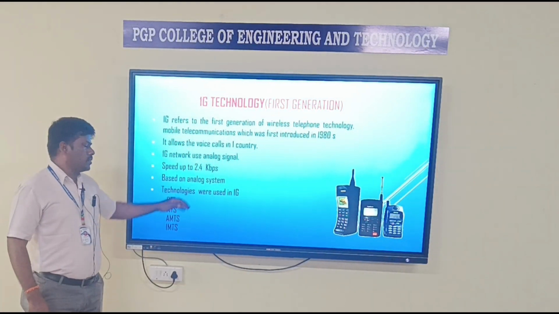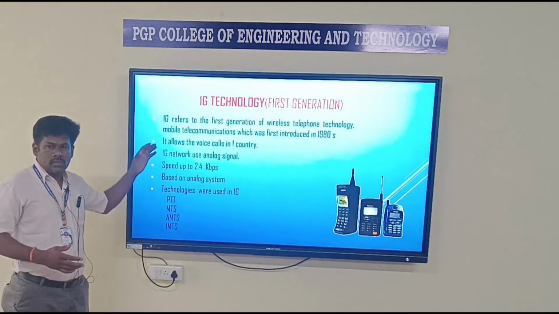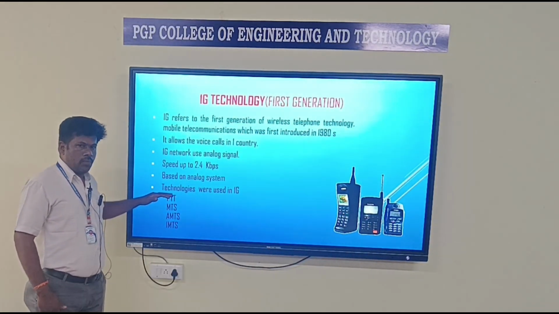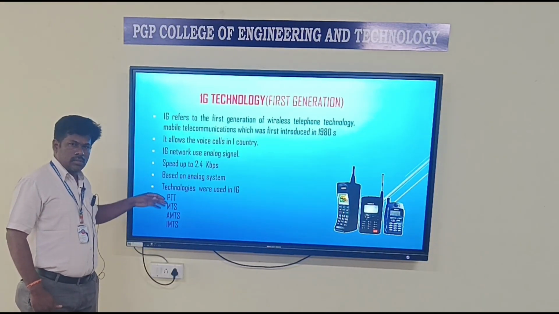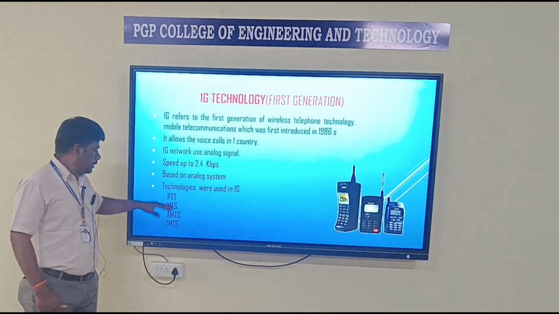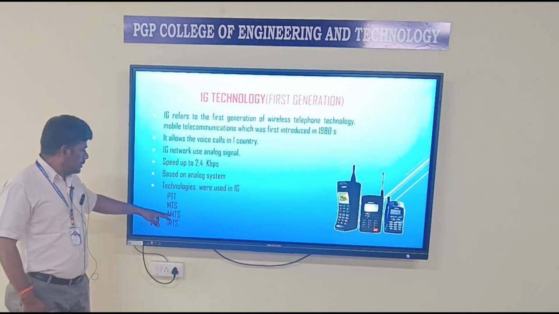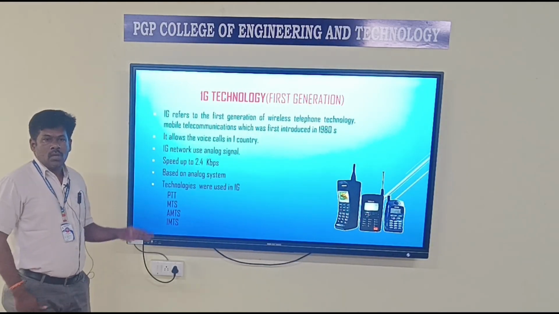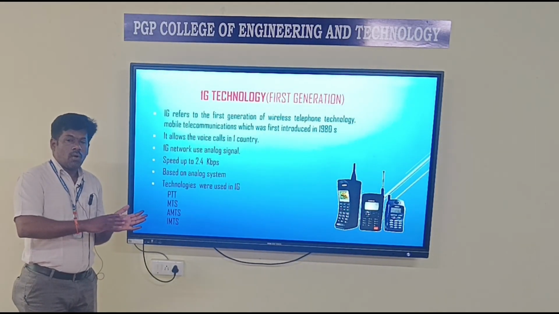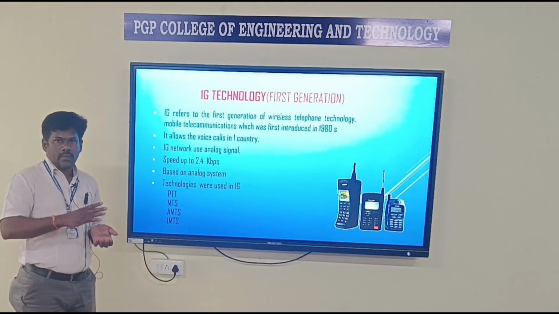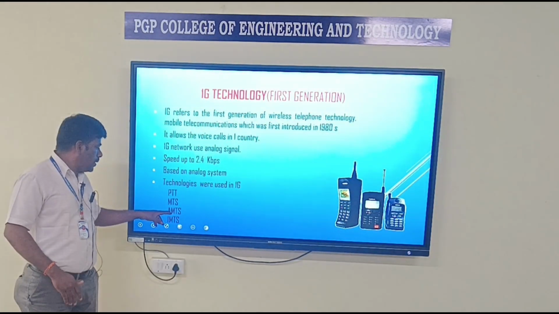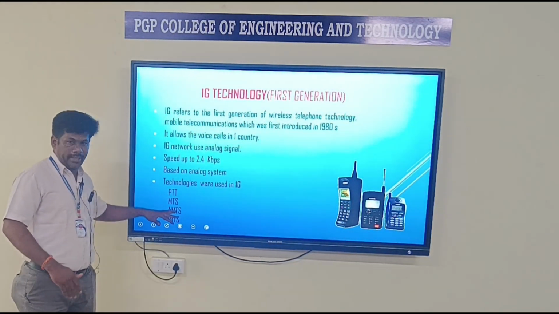Then, what type of devices were used in first generation mobile communication? We already know PTT, push to talk, was updated and used in the first generation also. MTS, AMTS, IMTS. IMTS is the Improved Mobile Telephone System. Compared to zero generation, the portable devices were upgraded, and AMTS is the most advanced of the three.